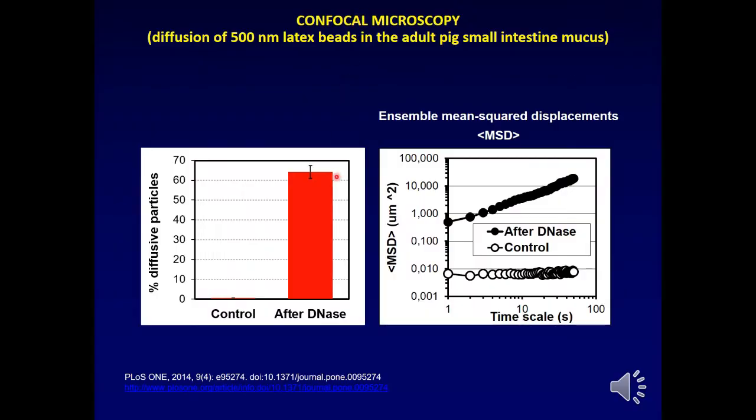The DNase treatment caused a very significant improvement in the number of diffusive particles. More than 60% of the particles in the treated mucus were able to diffuse, whereas in the control mucus, which has not been treated with the DNase, the particles were immobilized by the mucus structure.